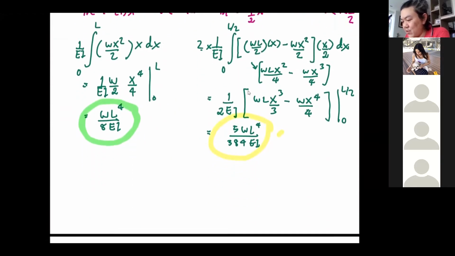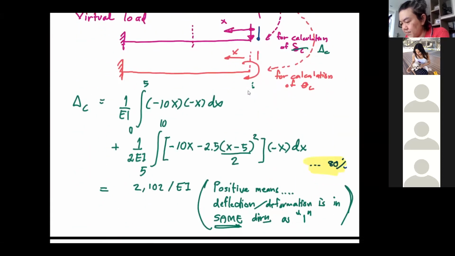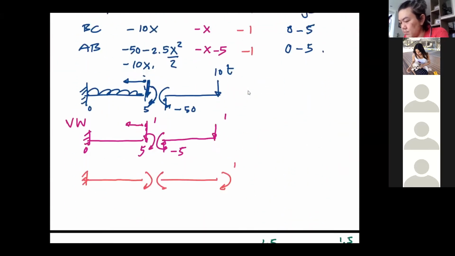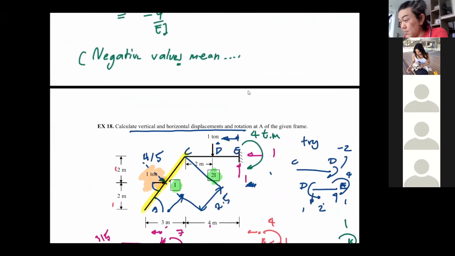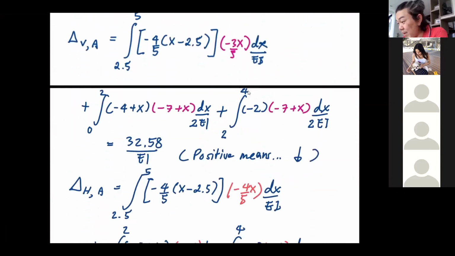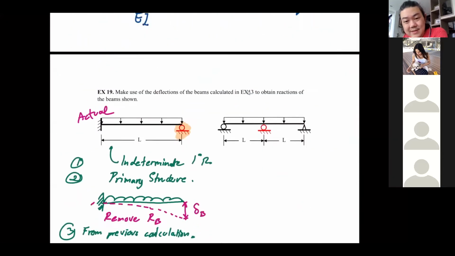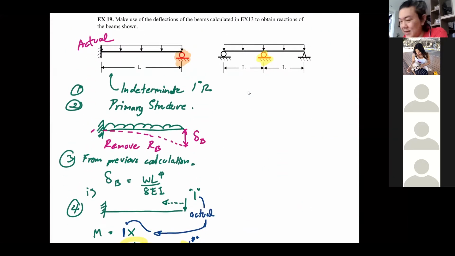Say if we have this situation, here. Now we have this as our extra equation.